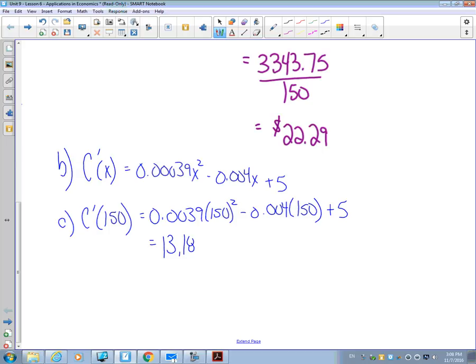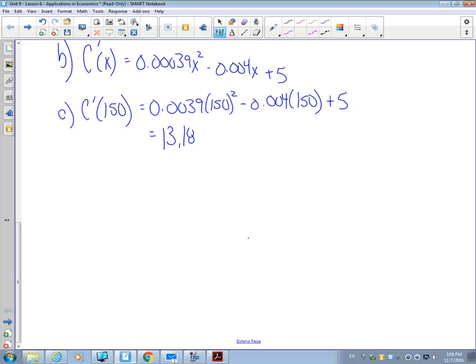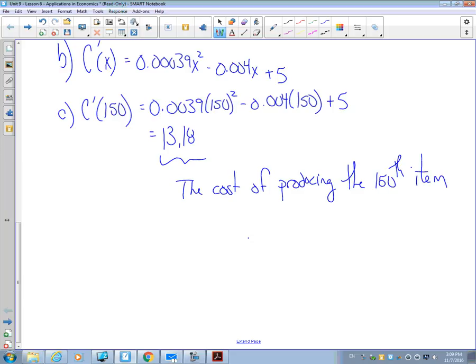And what does that represent? That represents the cost of producing the next item. So this is the cost of producing the 150th item, and it's a rough estimate. The rate of change at 150 is the estimate of what it costs to actually produce the 150th item.